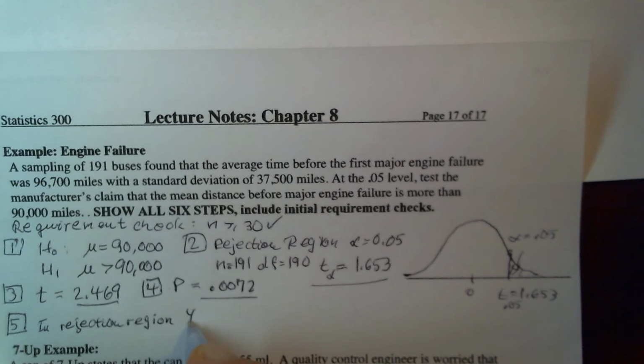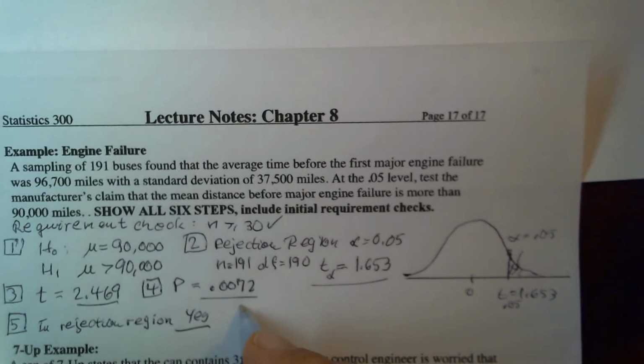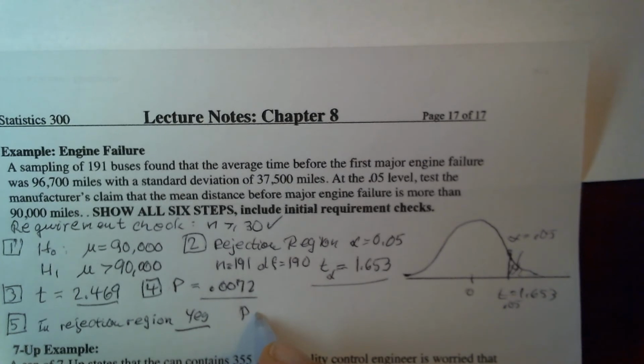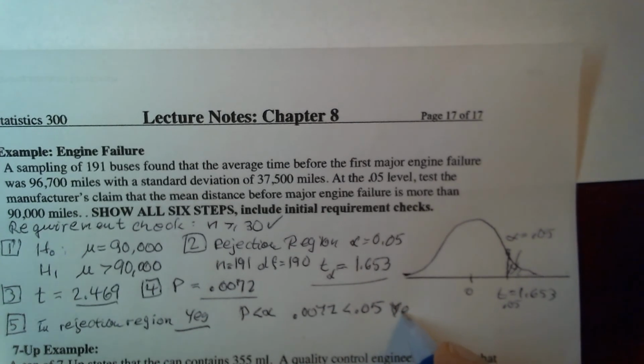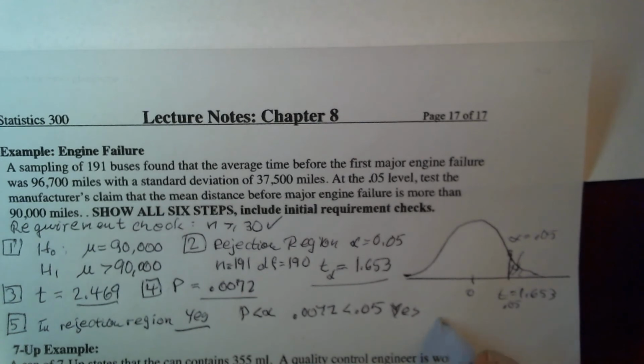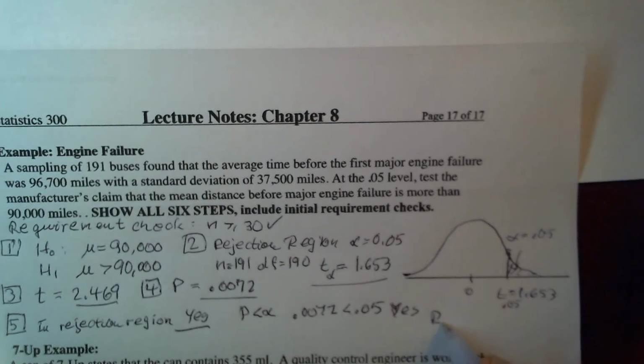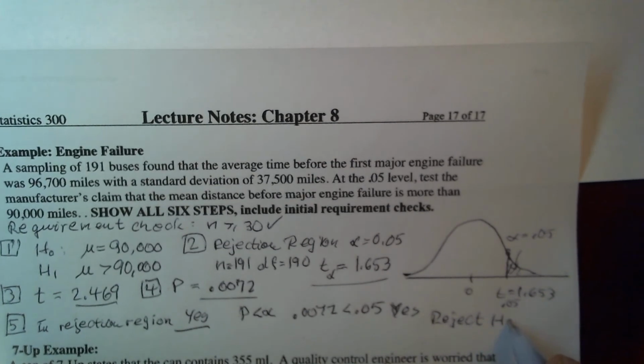And is p less than alpha? Is 0.0072 less than 0.05? And the answer is also yes. So on both counts, then we reject the null hypothesis.